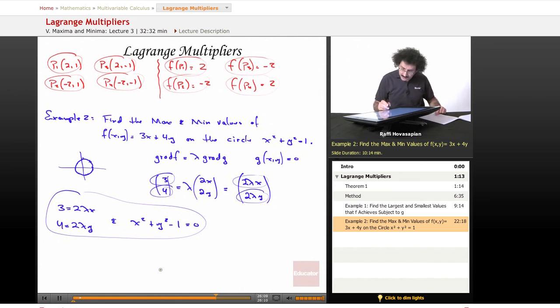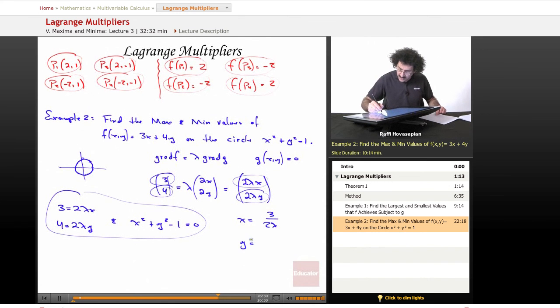I think the best way to approach this is to solve each of these equations, one for x and one for y. In this case, x is going to equal, dividing by 2 lambda, 3 over 2 lambda.